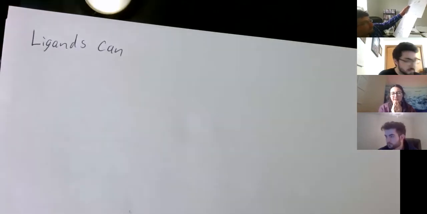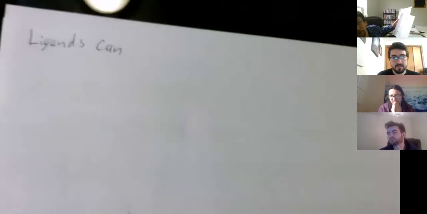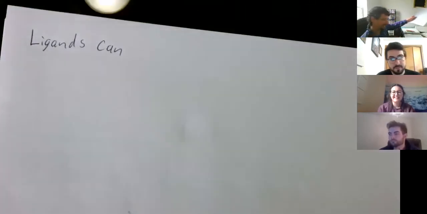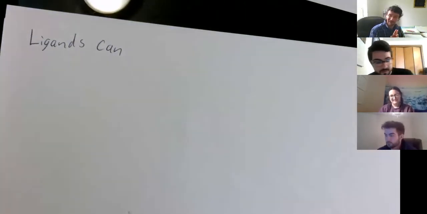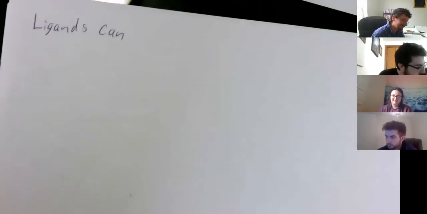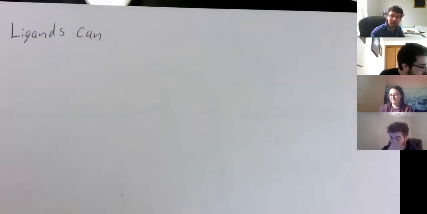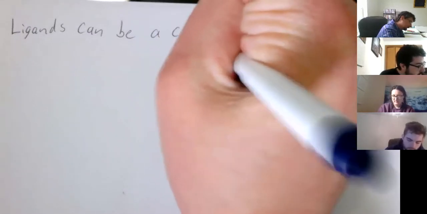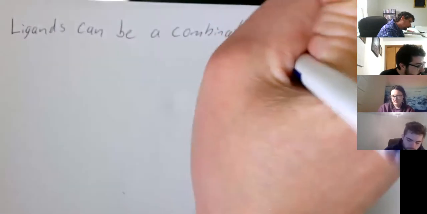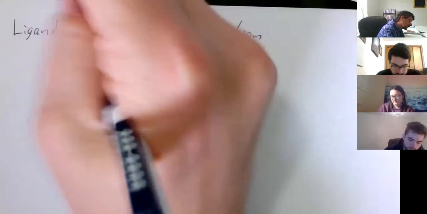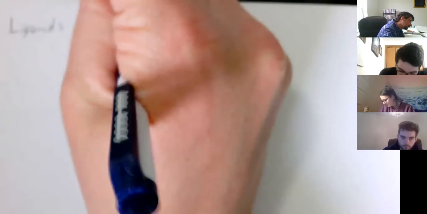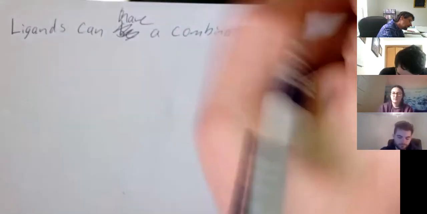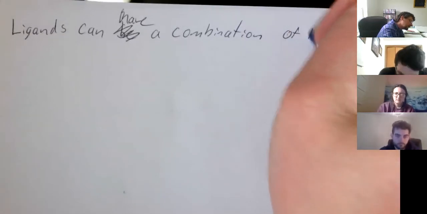What about the other one? Oh, deltas? We're not going to worry about deltas. There is that stuff, but they don't have much of an influence, and we'll see why. So ligands can have a combination of these interactions.